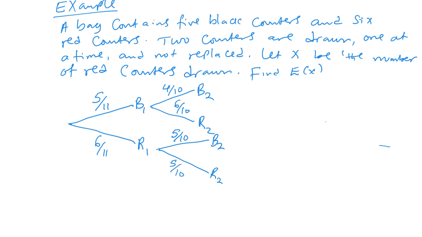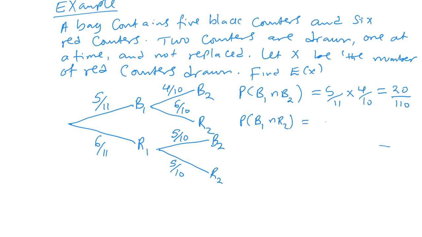So the probability of B1 intersection B2 is 5 over 11 times 4 over 10, which we can write as 20 over 110. Then the probability of B1 intersection R2 is 5 over 11 times 6 over 10, which is 30 out of 110.